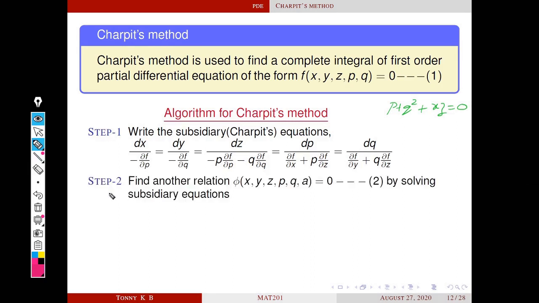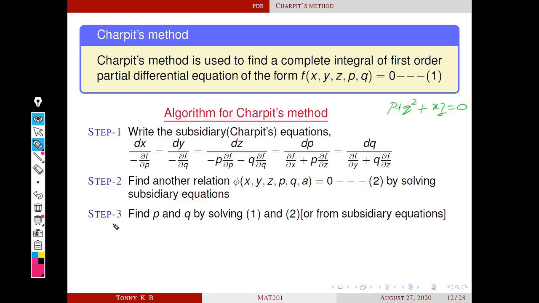Step 2. Find another relation phi of x, y, z, p, q, a equal to 0 by solving these subsidiary equations. Here a is an arbitrary constant. Step 3. Find p and q by solving 1 and 2, or from these subsidiary equations.